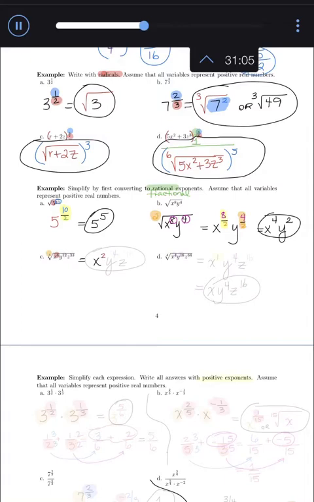Now looking at the y term, the y has a 12 on it, which divided by the 3, the root, would give me a 4th power. And now looking at the z, which has a 33 as its exponent, again divided by the root of 3 would give me an 11. So that gives me x squared, y to the 4th, and z to the 11th. And that is my final answer.